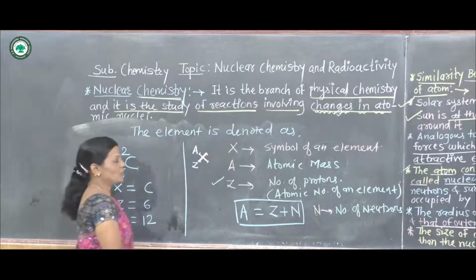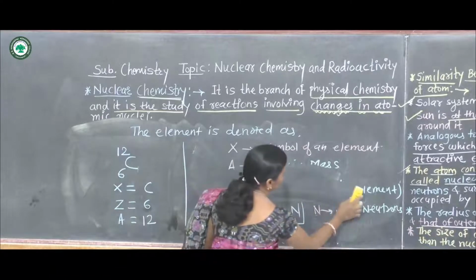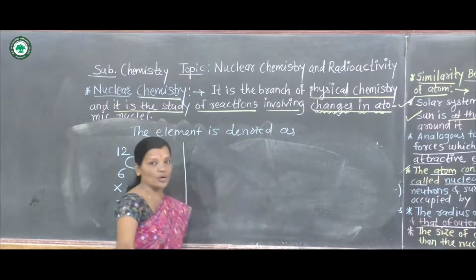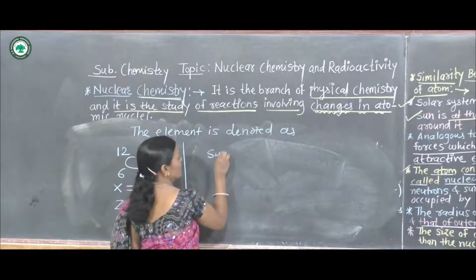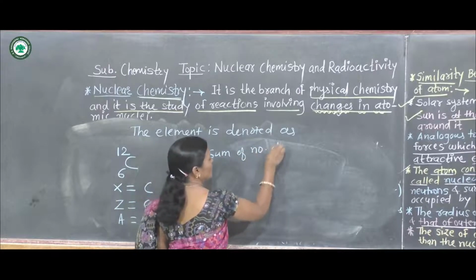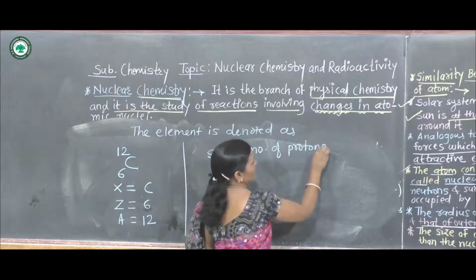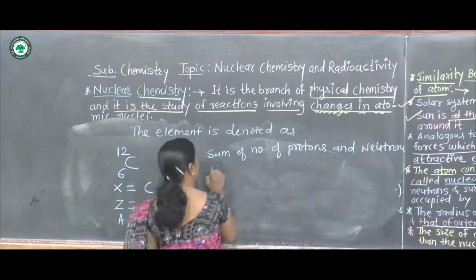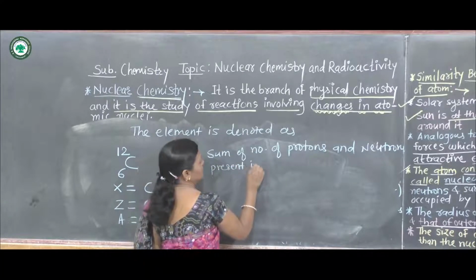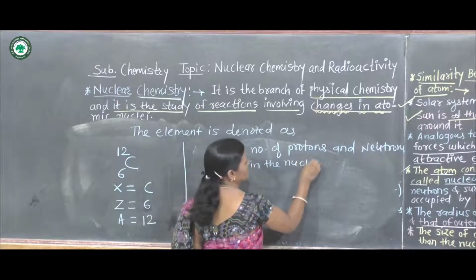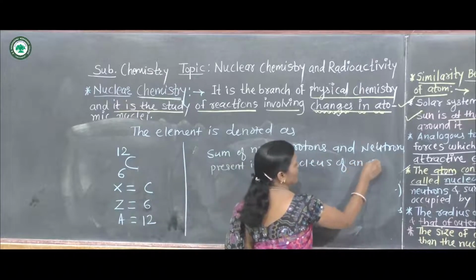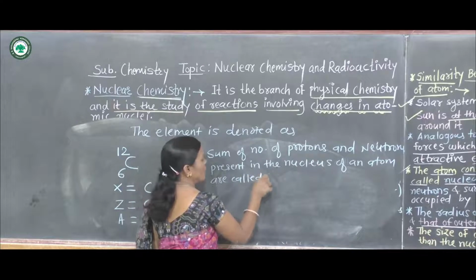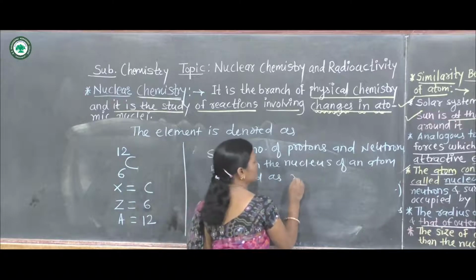Also we know that A is equal to Z plus N, the sum of the number of protons and neutrons. The sum of the number of protons and neutrons present in the nucleus of an atom are called nucleons.